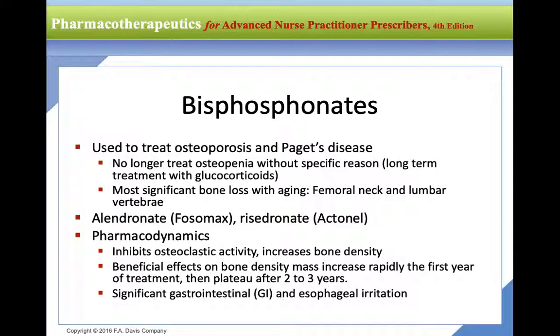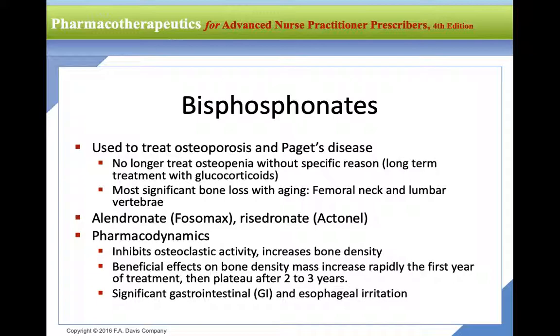It's certain illnesses, and then women when they reach 65, and men when they reach 70, you should be looking at their bone mineral density scans and possibly getting a T-score to see if they're having bone loss.